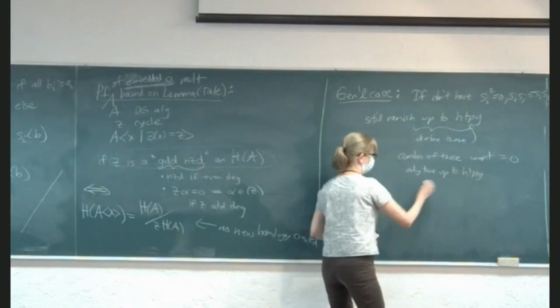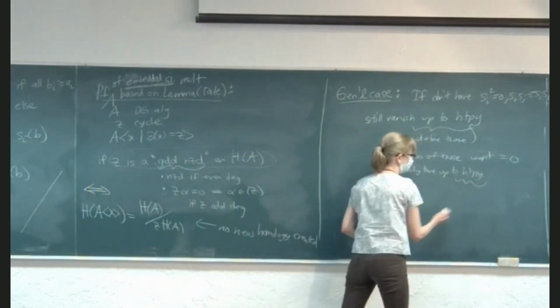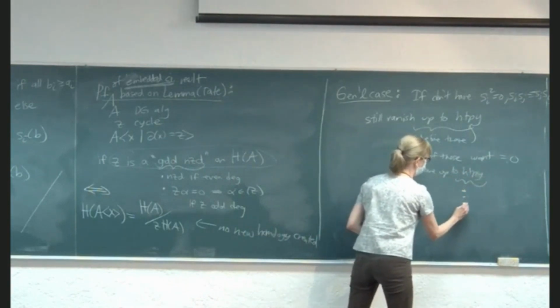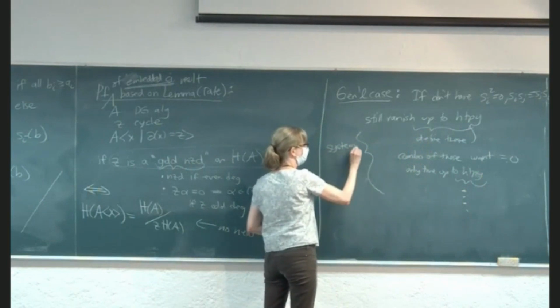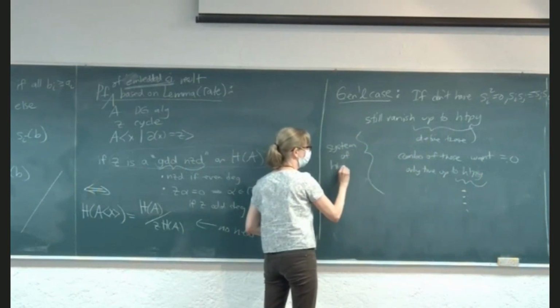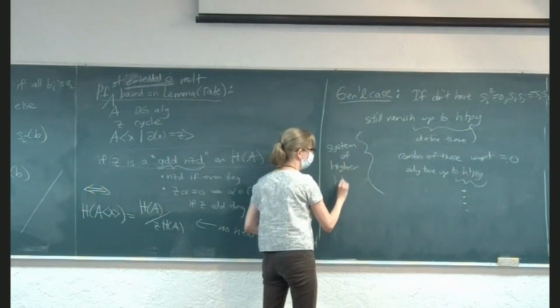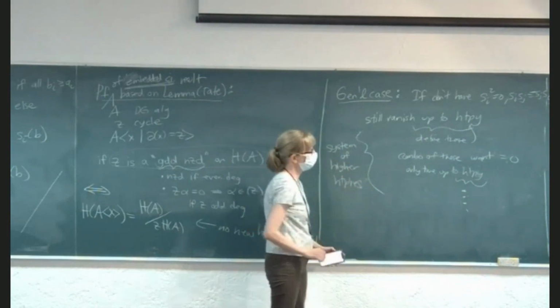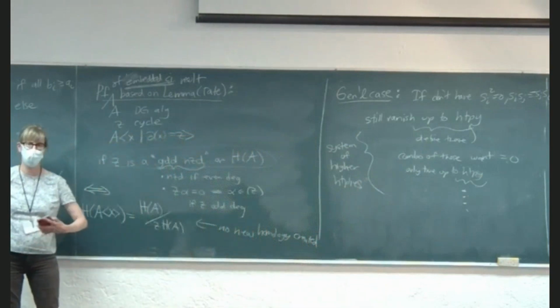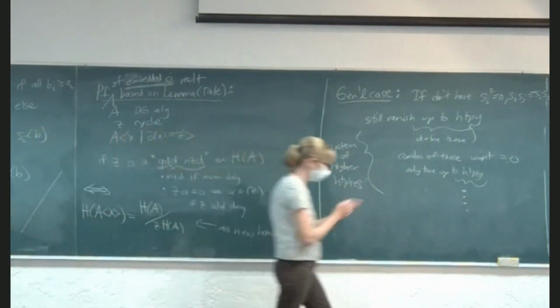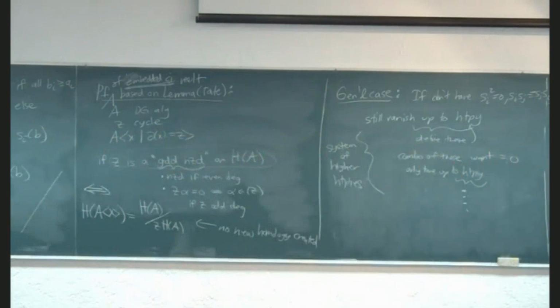So you write these, and then you continue going. So this is called a system of higher homotopies. And you can still build a resolution, it just has more maps in it. Okay? So I'm going to call these homotopies something.